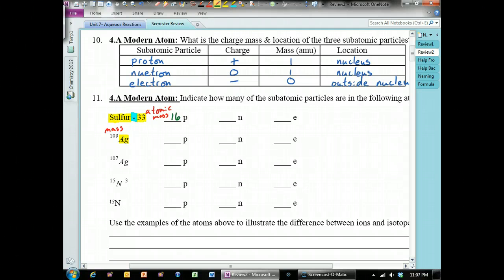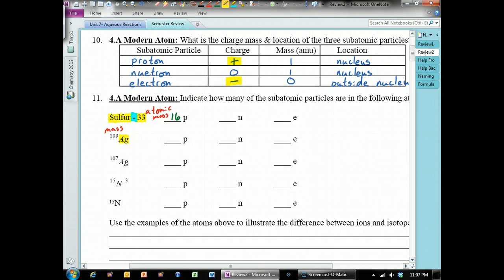Now, protons, like we identified up above, are positively charged. So if you have 16 positive charges, you can use that to figure out how many electrons you have. This is a neutral atom, and so there must be the same number of positive charges as negative charges.